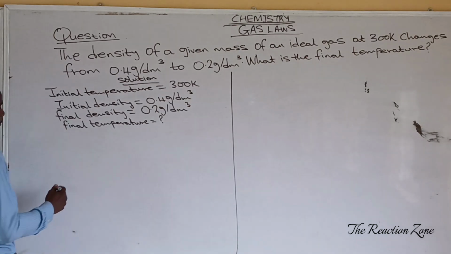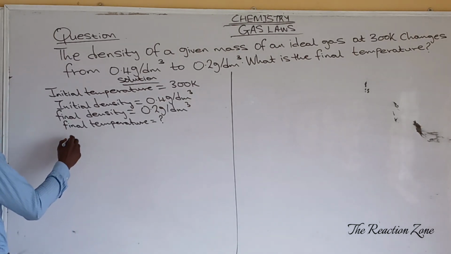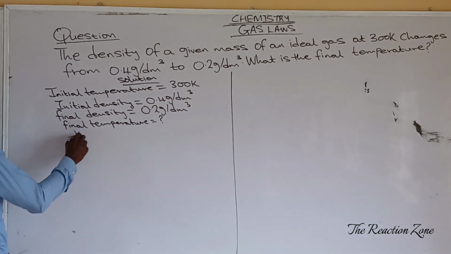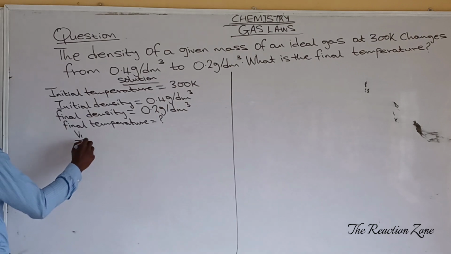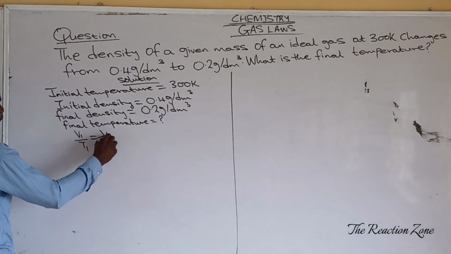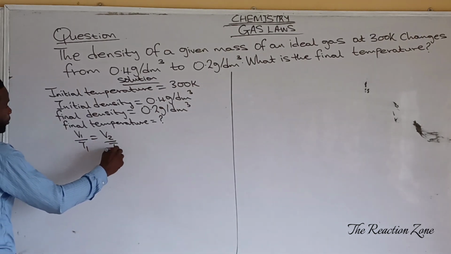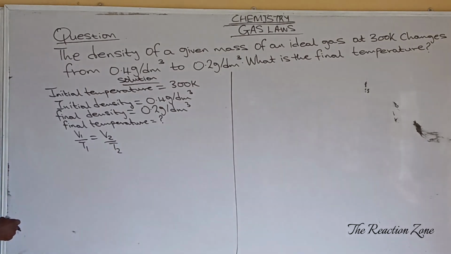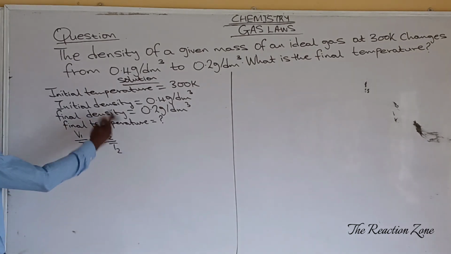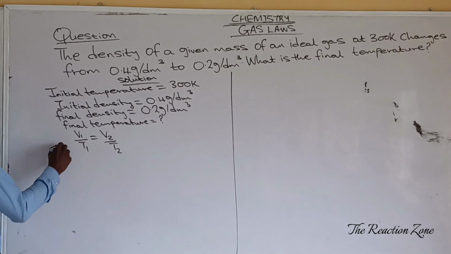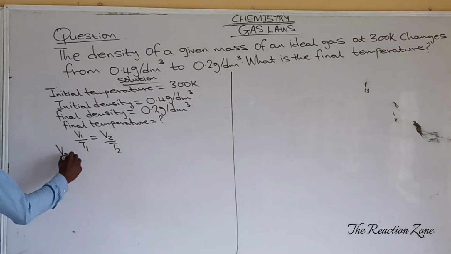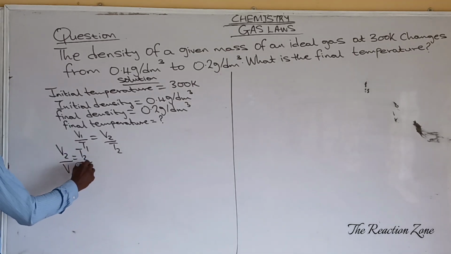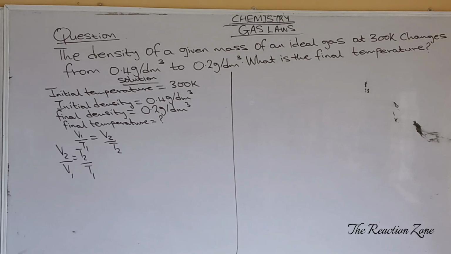Charles' law is expressed mathematically as V1 over T1 is equal to V2 over T2. This expression can be rewritten as V2 over V1 is equal to T2 over T1.